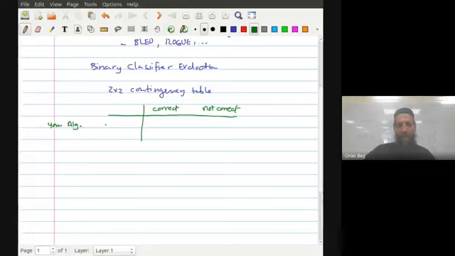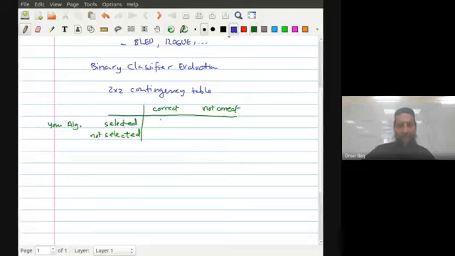Then there is the algorithm that you have developed. It selects some of the correct samples and some of the not correct samples, or classifies them as positive. And then there are the not selected samples.